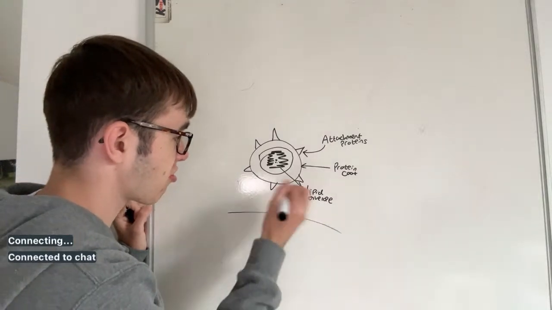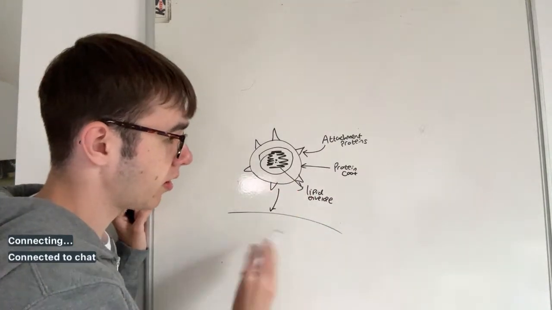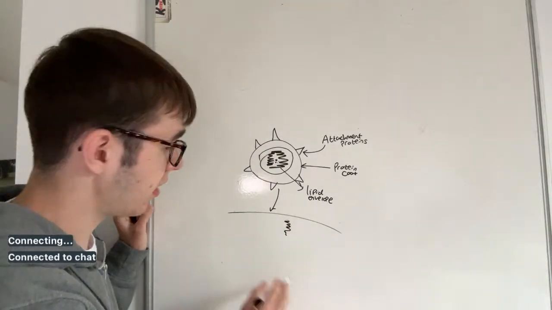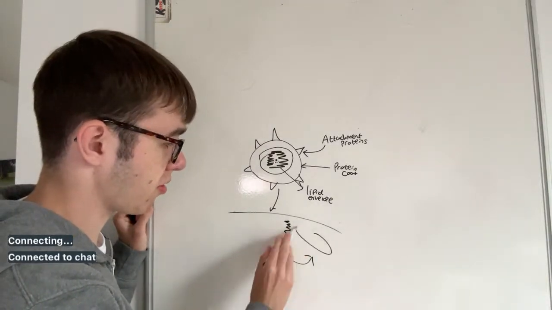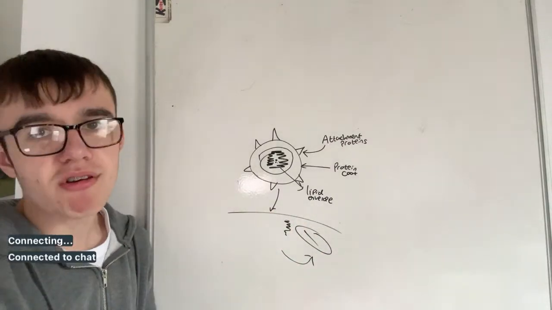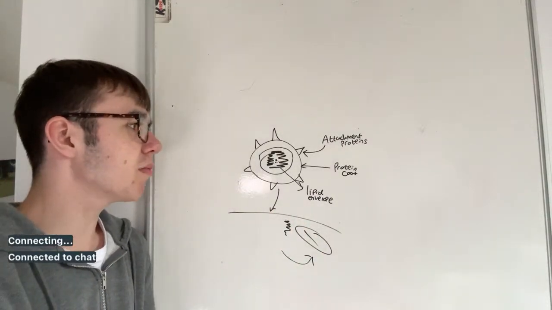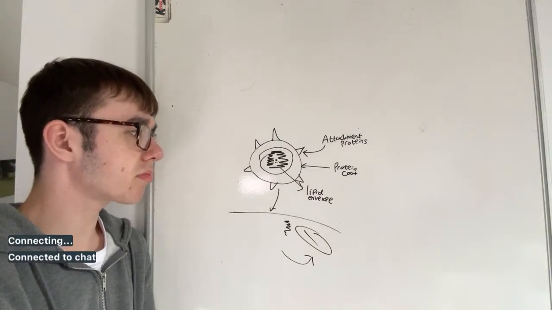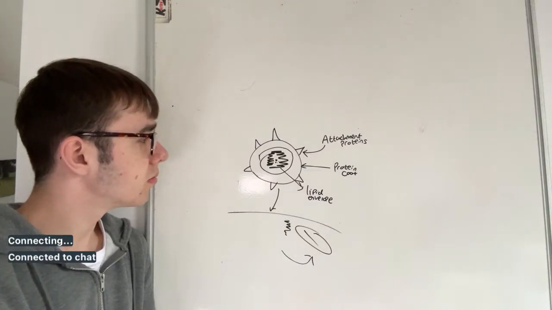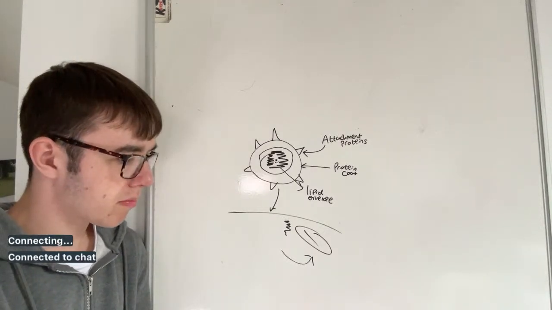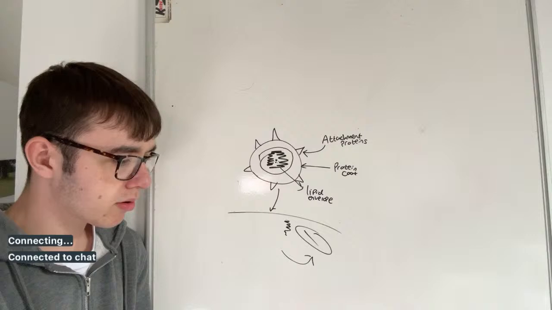It attaches to the cell, it injects its DNA, and then that DNA goes into the ribosomes where viral components are produced. I'm missing something, surely? Attachment protein, coat, lipid envelope. I'm missing something, but what am I missing?